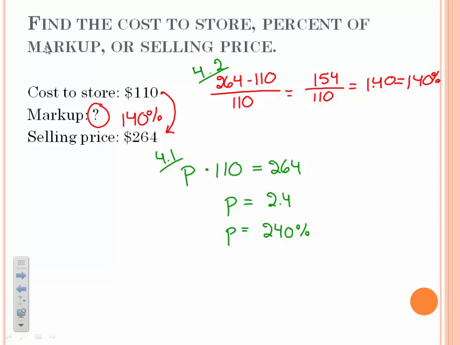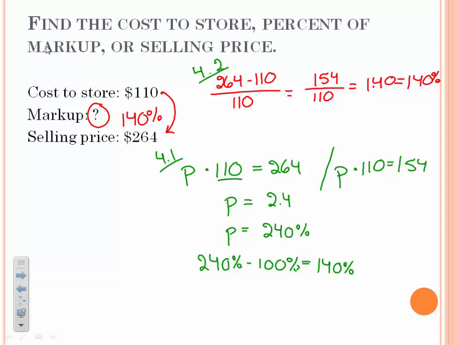But keep in mind, we included the original, so now we have to subtract that 100% since we included that in there, and we would get 140%. If you don't want to do the subtraction at the end, you would have to change your original equation to P times 110 equals 154.